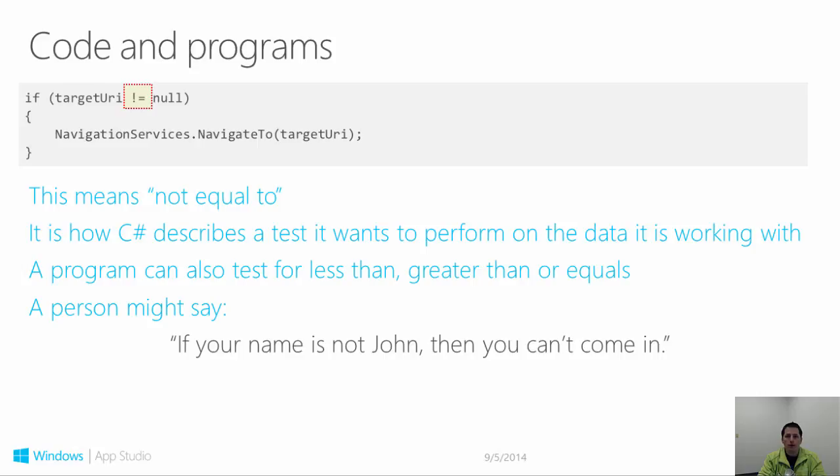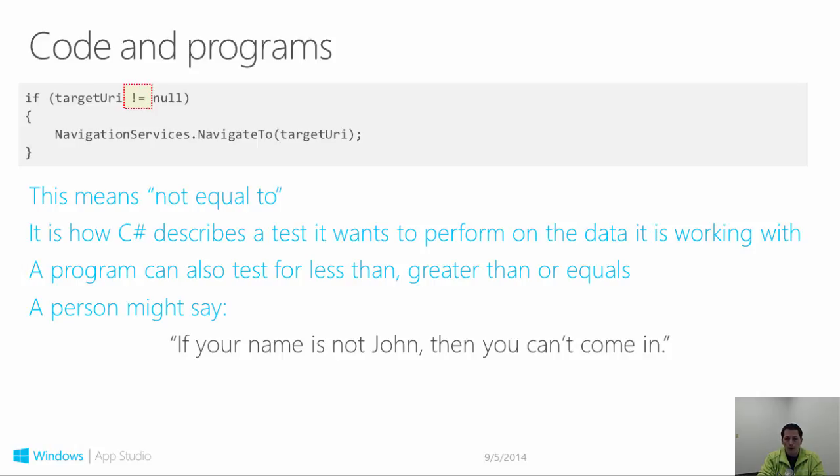Next, we are going to compare the information contained in our variable to something else. Typical comparisons you are probably familiar with are, is this value greater than that value? Is it less than? Is it equal to? The last comparison you might think of is whether or not a value is not equal to another.